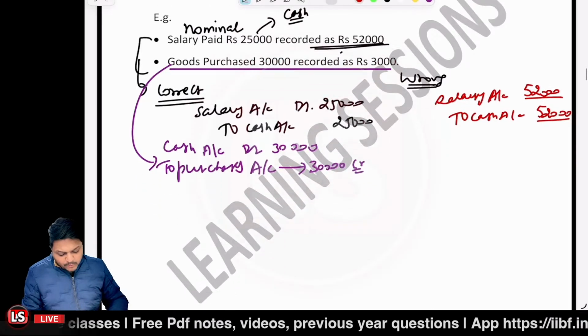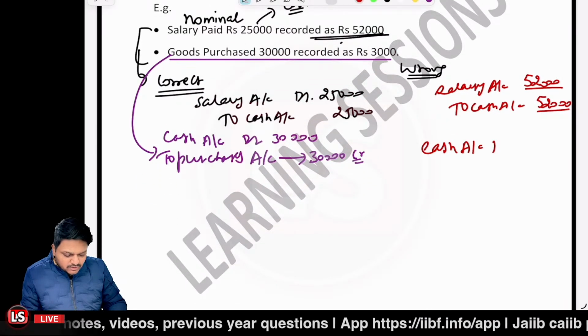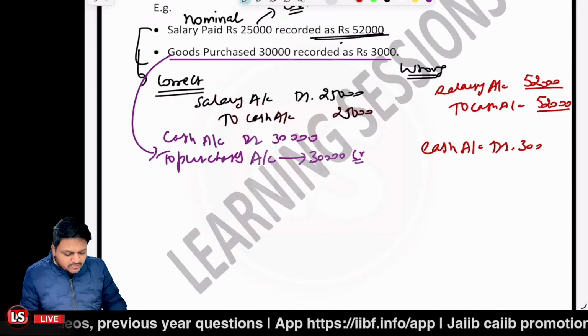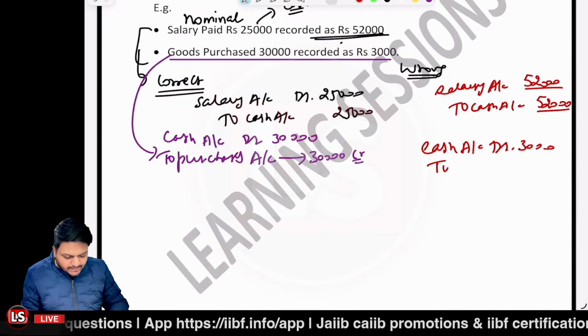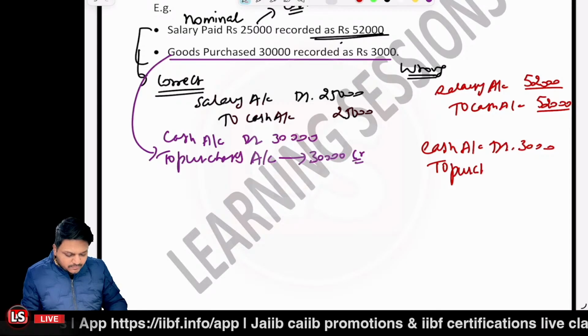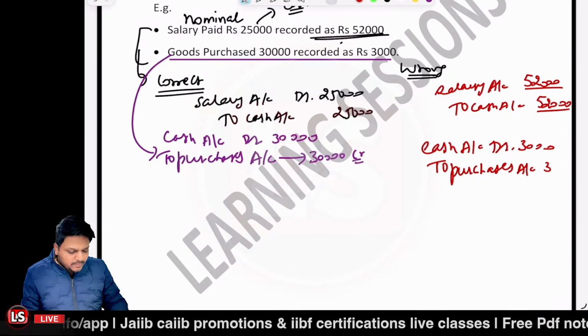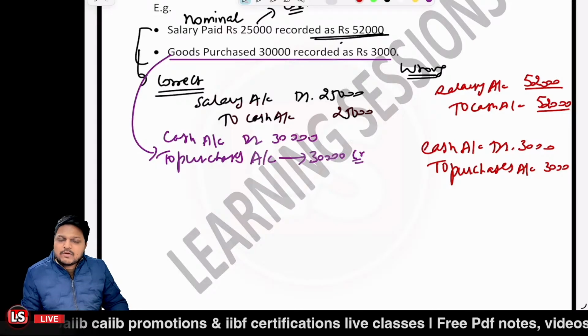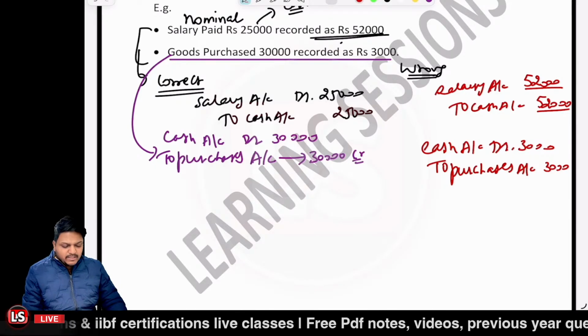But what entry did we post? We posted like cash account with rupees 3,000. Instead of 30,000, we recorded rupees 3,000, and to purchases account, rupees 3,000. Now in this scenario, what did we do? We understated the balance in both of the accounts by rupees 27,000.